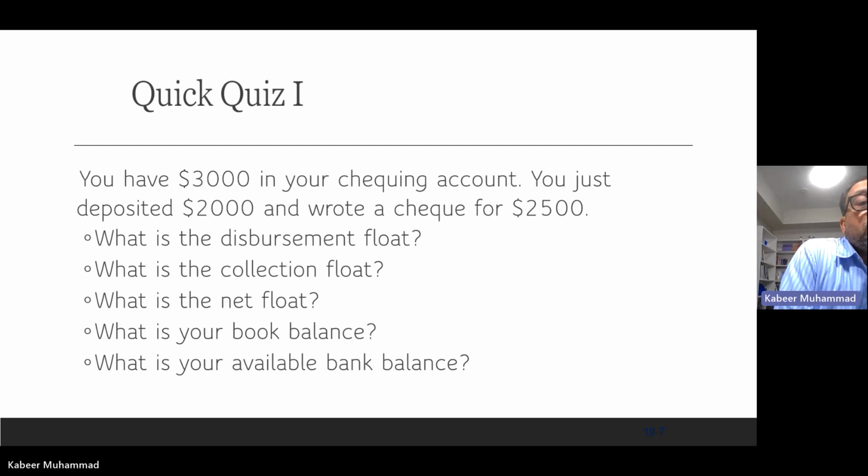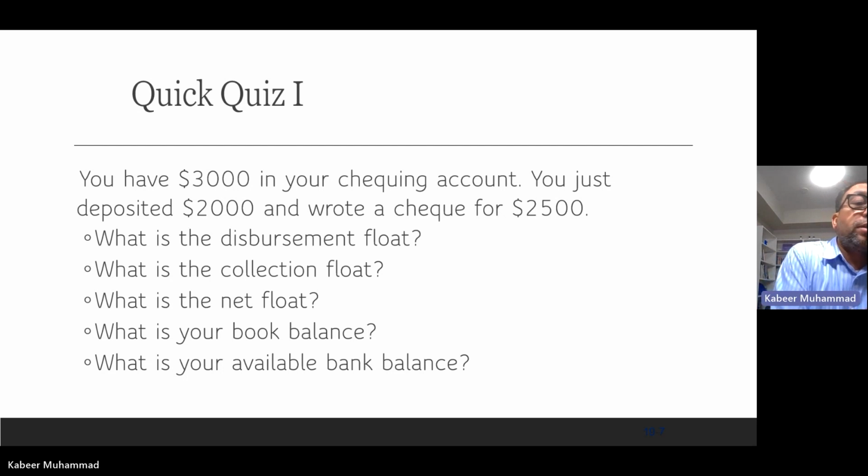We further deposit $2,000 and we issue a check of $2,500. Now, as I mentioned, the disbursement float is $2,500, because we wrote a check on it, but it is not yet deposited and withdrawn from our account. So this is what we call a disbursement float.